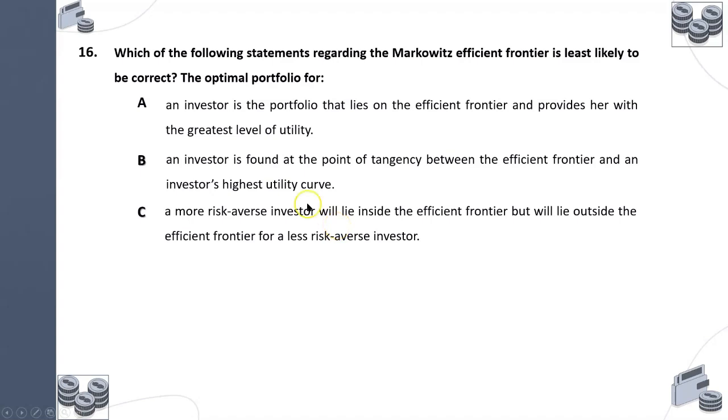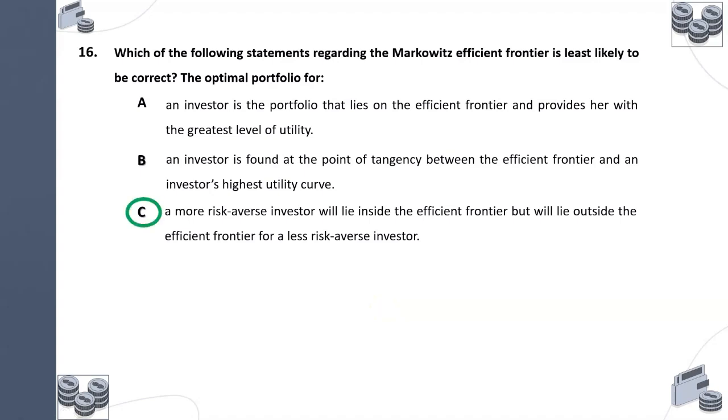If you are risk averse, you will take low risk, so you should expect lower return. If we draw that curve, you will be at the lower side of the curve. But if you are less risk averse, that means you are a risk taker, you will expect more return and you will be on the upper side of the frontier and to the right, because you are taking more risk and you expect more return.